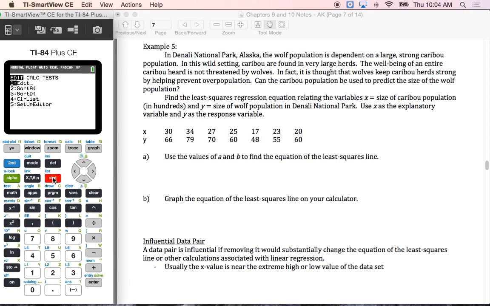So again, we're going to go stat, we're going to go edit, clear everything out, type your numbers in, and then we're going to go stat, over to calc, and you want that number 8 like we did before.